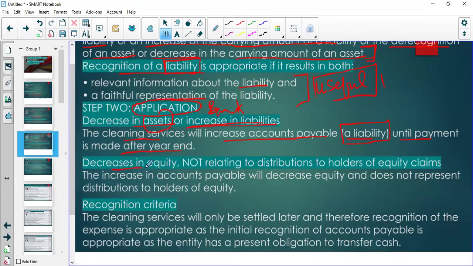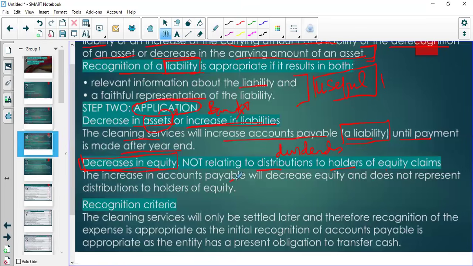So we do not see a decrease in assets. But remember that whether it's a decrease in assets or an increase in liability, it should result in a decrease in equity. But that should not be as a result of distributions or dividends to holders of equity.